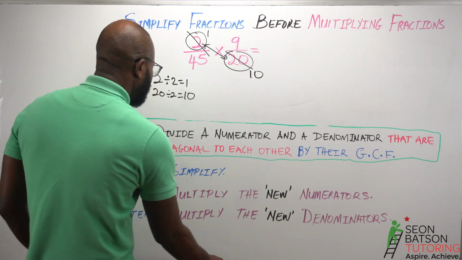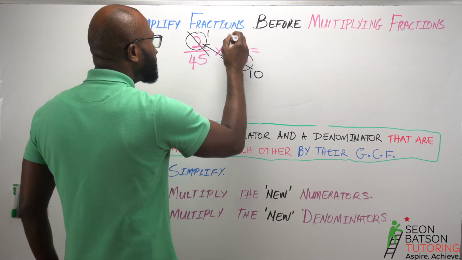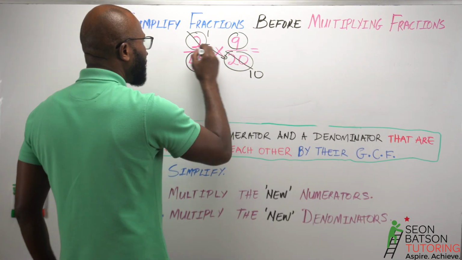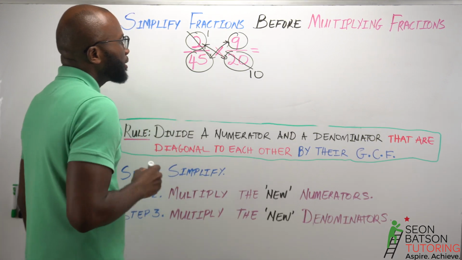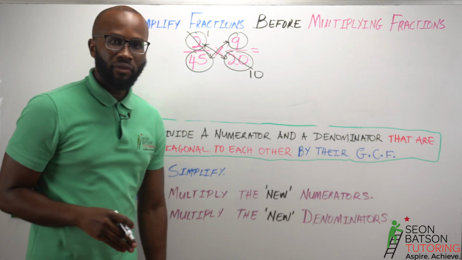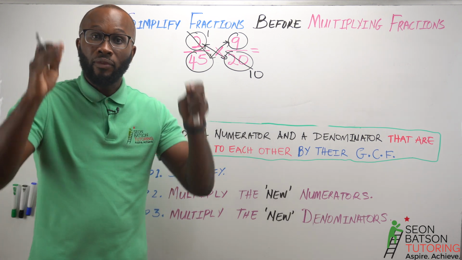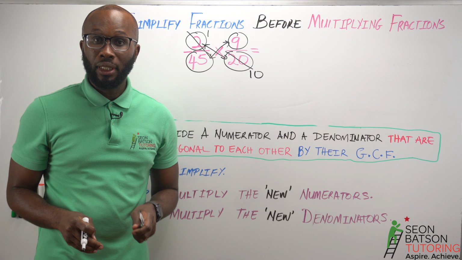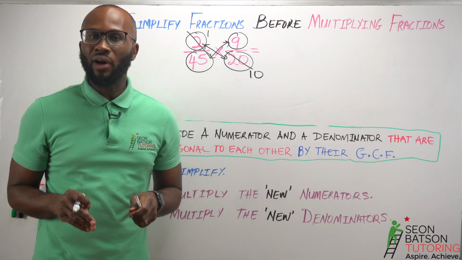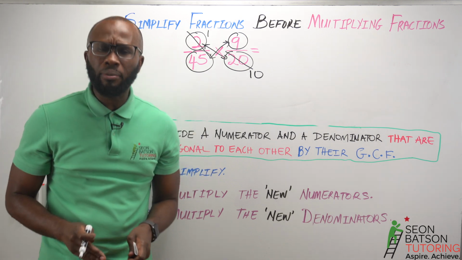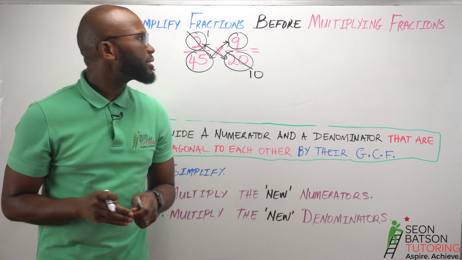Now, let's work with the second pair of numerator and denominator. We want to simplify 9 and 45. To simplify 9 and 45, we can divide them by their greatest common factor. The greatest common factor for 9 and 45 will be the biggest number that can go into 9 and 45 evenly. Yes?